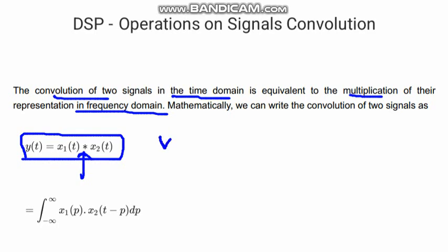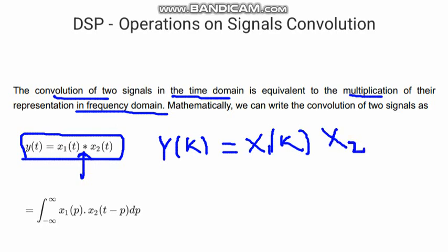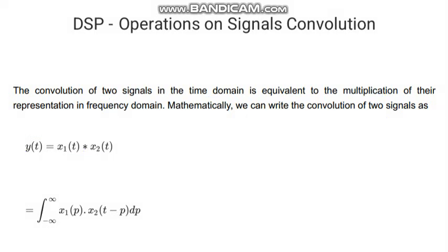So after doing the frequency domain shift like that, if we take y(t), that will be Y(k), so that will be X1(k) or X1(n), whatever it might be, into X2(k). So that will be the representation after convolution. Okay, now we will find it out.